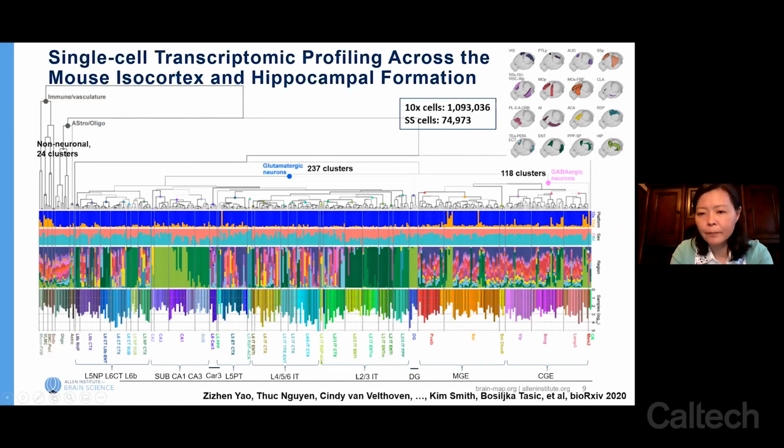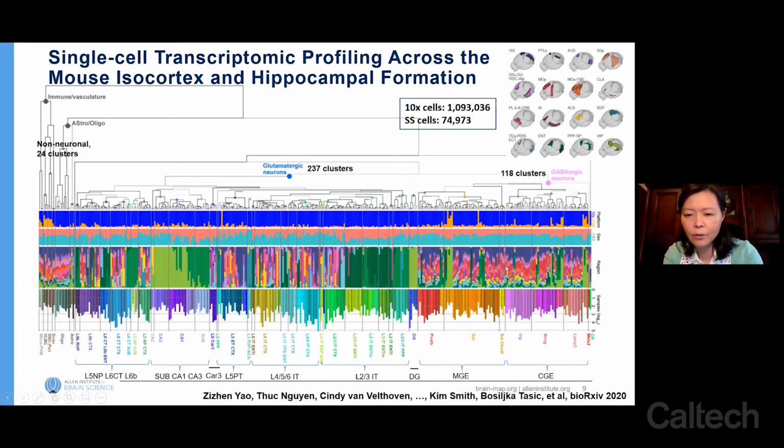For GABAergic neurons, we found that the vast majority of the cell types are shared or conserved across all different cortical areas, including neocortical, isocortical, and hippocampal formation areas. However, at the same time, as you can see here, we also identified a number of new cell types that are highly specific to particular regions.